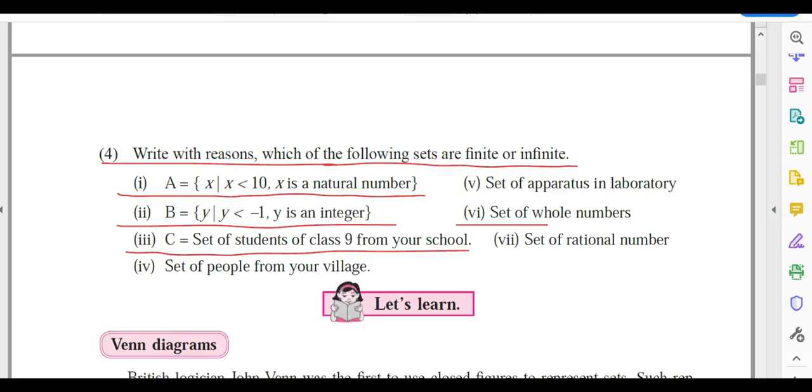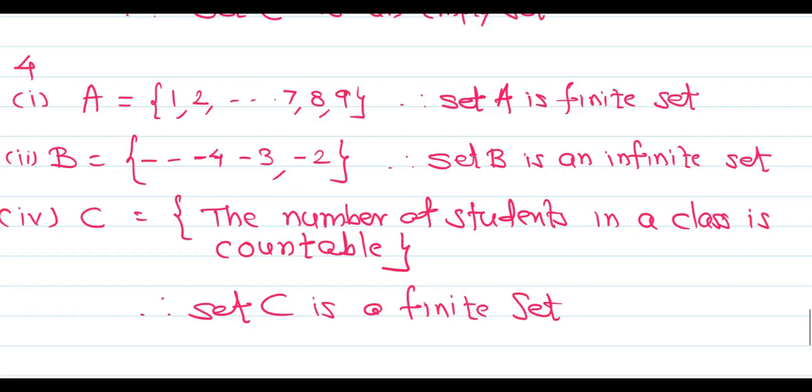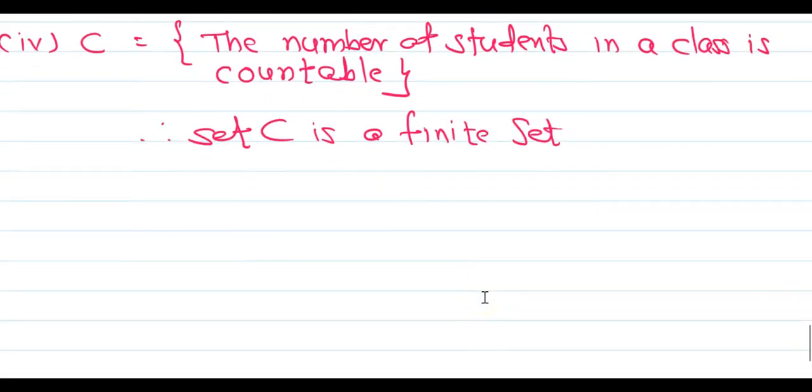Now the fourth example, the set of people from your village. Again, we can count the people in the village. Therefore, it is also a finite set.